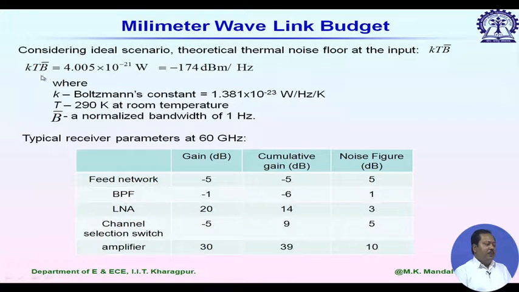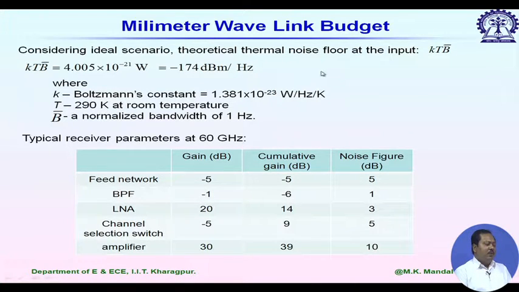Now, if we put the value of k and T and calculate thermal noise power per hertz, k is the Boltzmann constant, that is 1.381 into 10 to the power minus 23 watt per hertz per Kelvin, and if nothing is specified we will consider T equal to 290 Kelvin, called the room temperature. Put the values here, then it would come 4.005 into 10 to the power minus 21 watt per hertz, and if I convert it to decibel scale, it is minus 174 dBm per hertz.